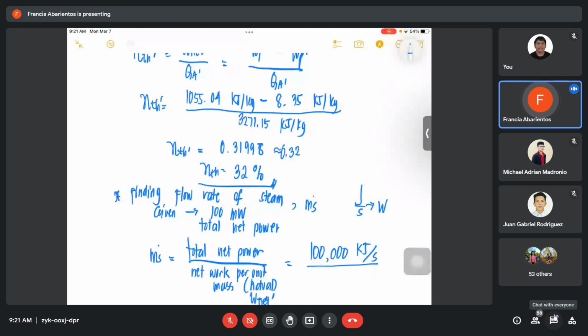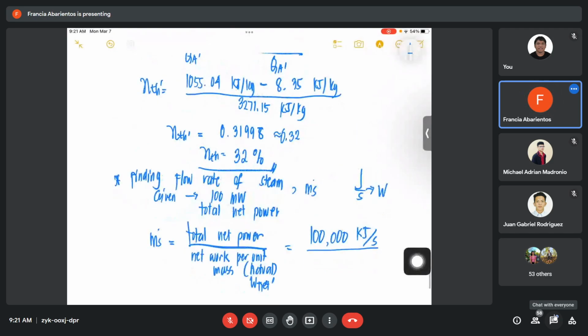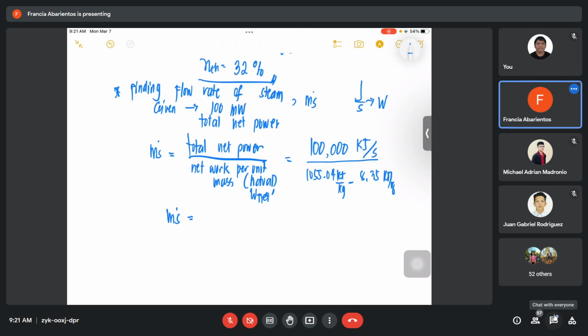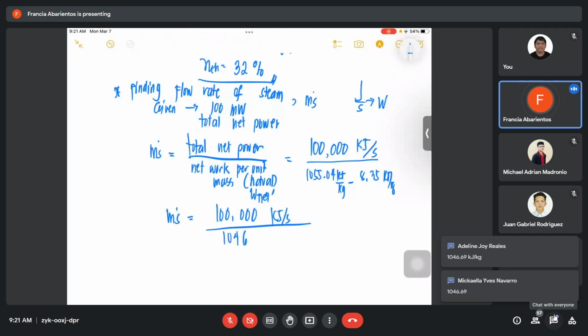Okay, hanapin nyo kasi yung work net natin. What is the work net? So, tingnan, may nag-chat na. Kilojoule per second over. Tingnan yung work net natin. 55. 1046.69. Okay.